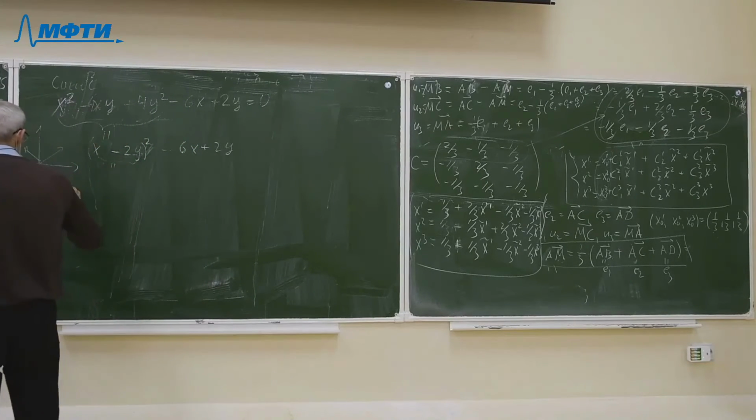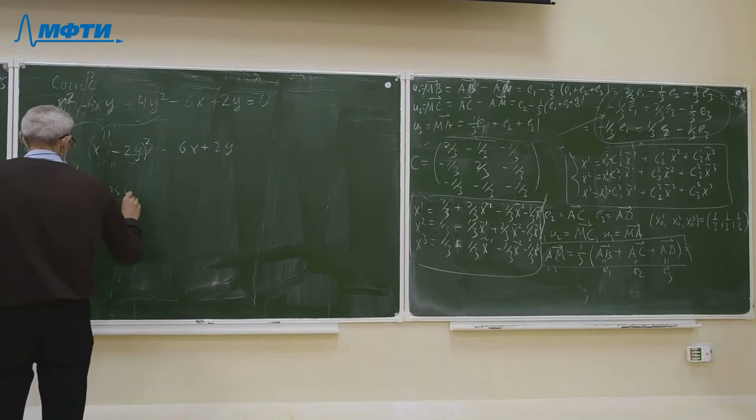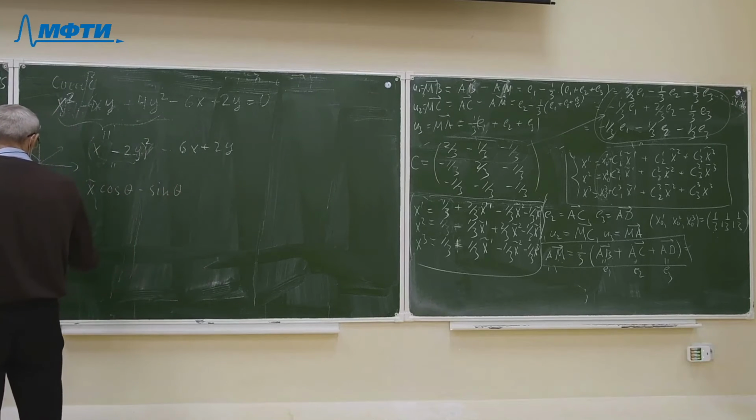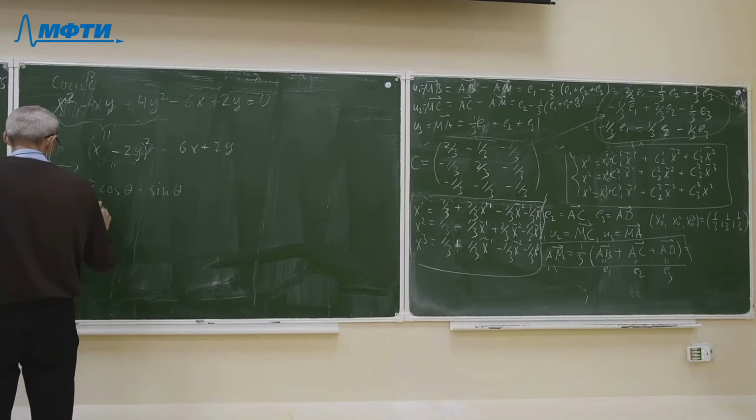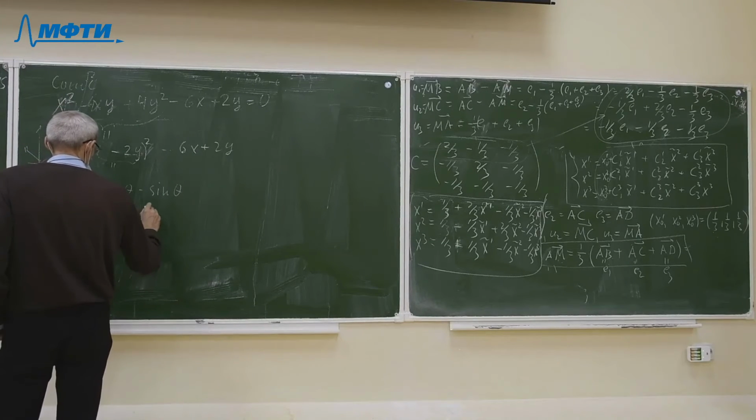We have the following formula: x is equal to x tilde cosine theta minus y tilde sine theta, y is equal to x tilde sine theta plus y tilde cosine theta.